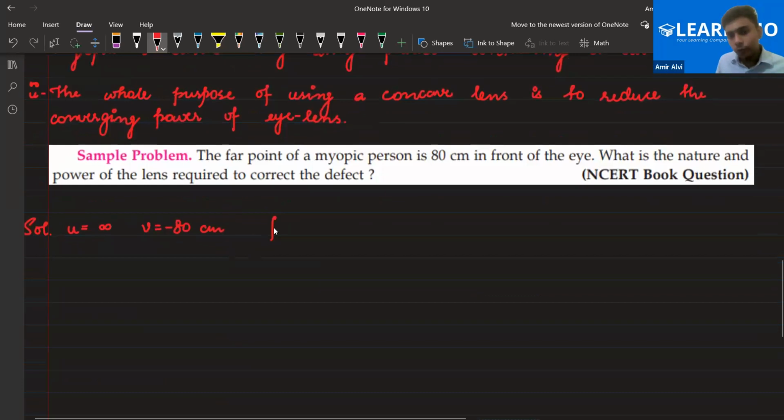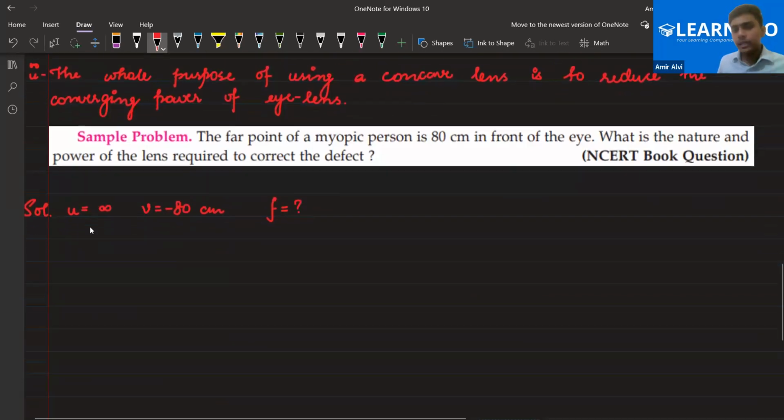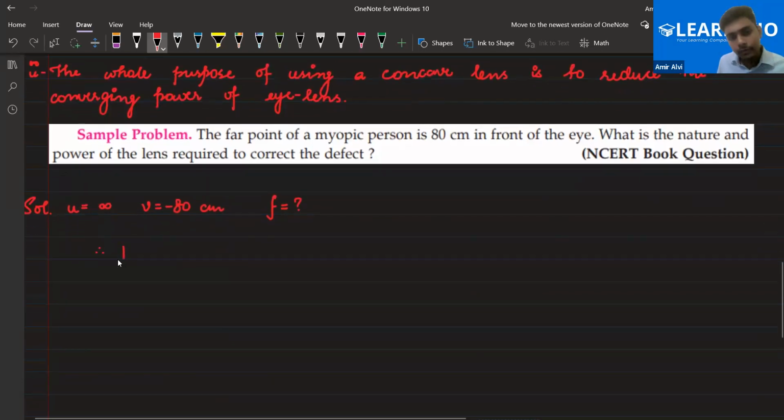So that's why we need to find the focal length. Simple lens formula, 1 by f is equals to 1 by v minus 1 by u.